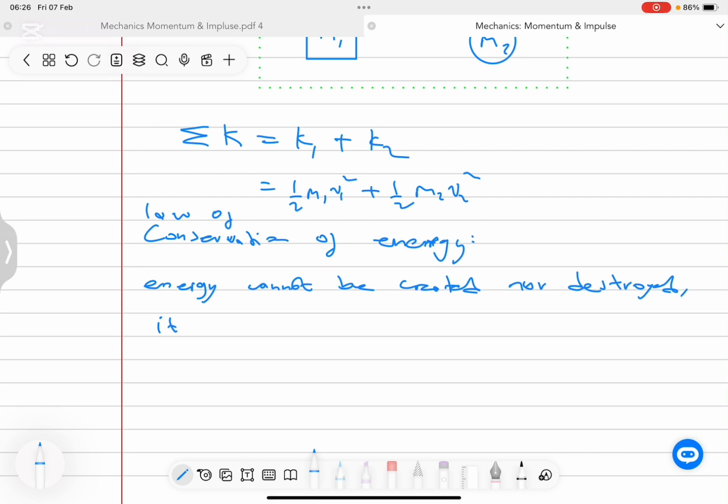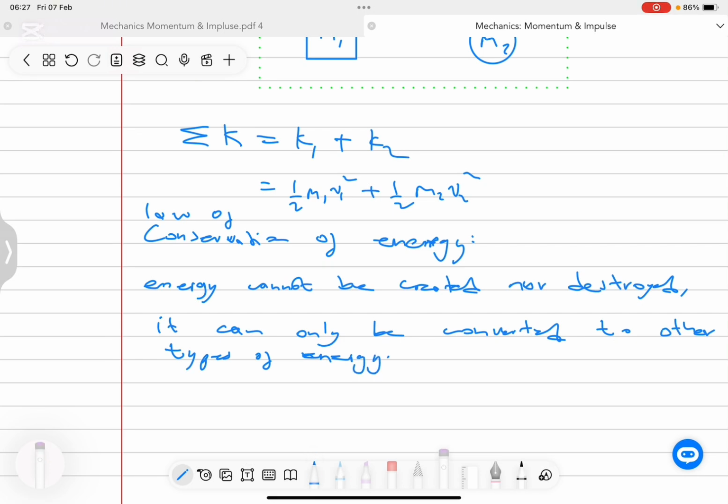It can only be converted, or transformed, or transferred to other types of energy, or other forms of energy.